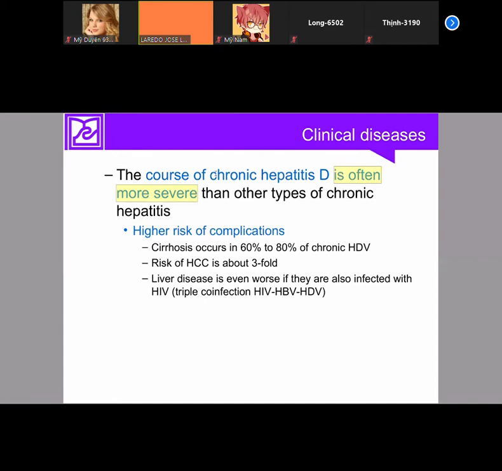These patients have a higher risk of complications, more cirrhosis, higher risk of liver cancer. And we have some patients infected by three viruses at the same time: HIV, hepatitis B, and hepatitis D. In these patients, the liver disease is even worse.